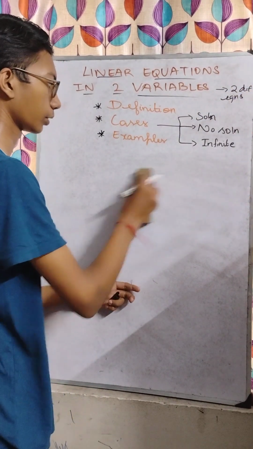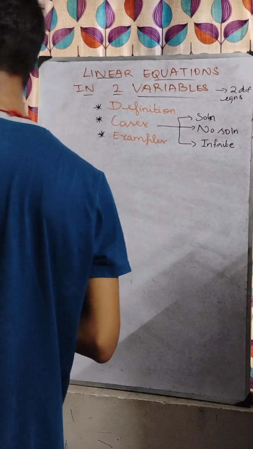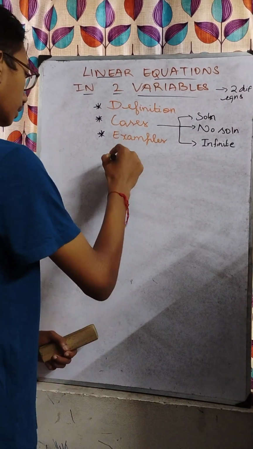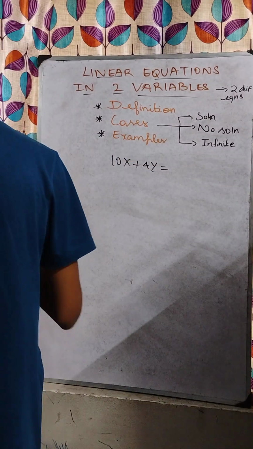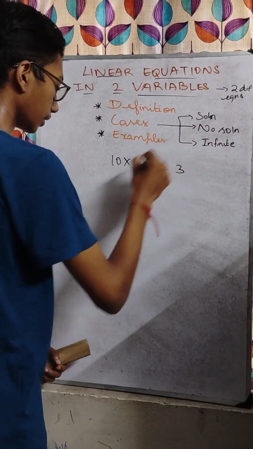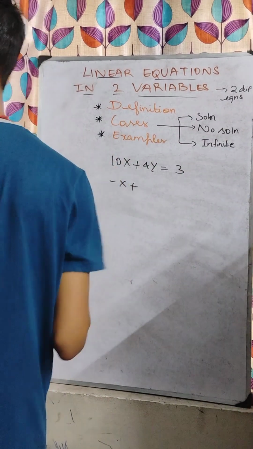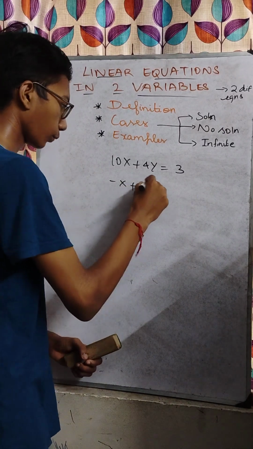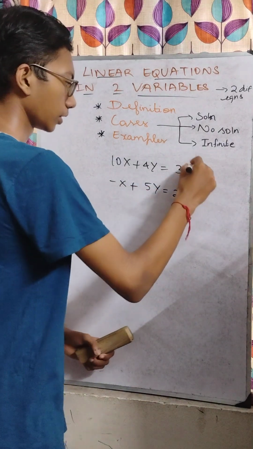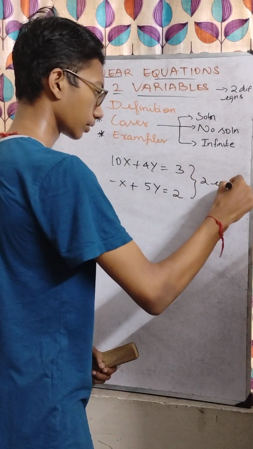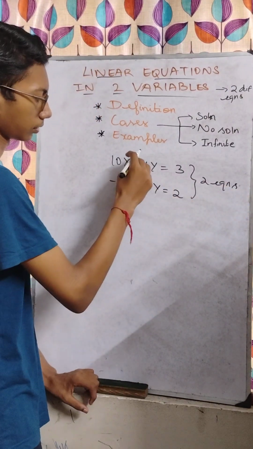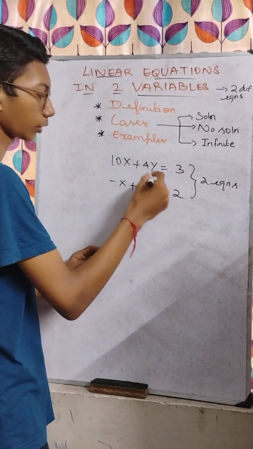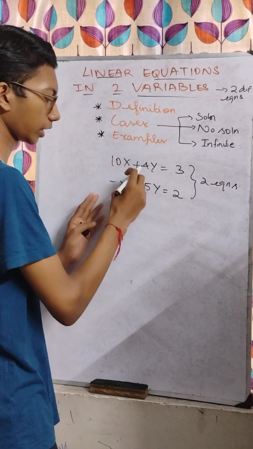Now we'll have some examples. The first one is 10x plus 4y equals 3, and minus x plus 5y equals 2. Here we have two equations. First we will solve. The basic thing is we have to cancel one of these variables.